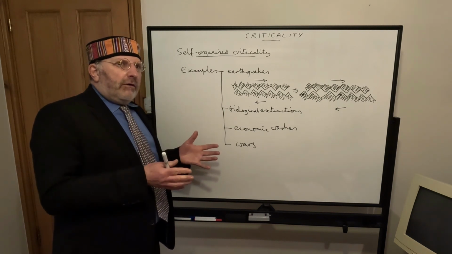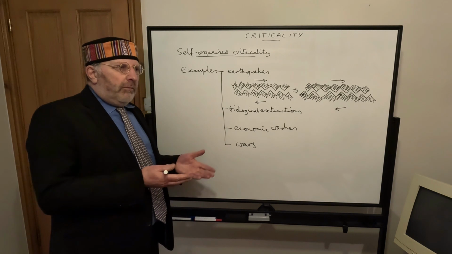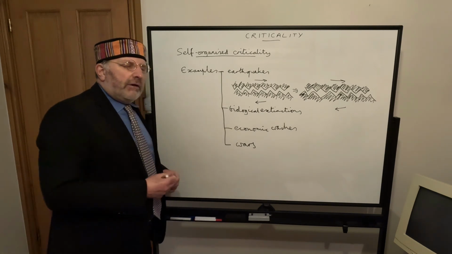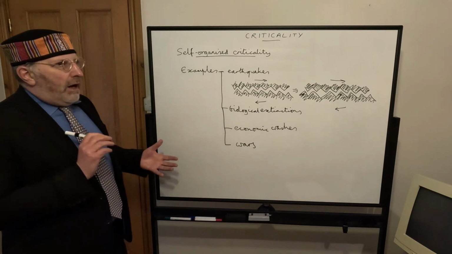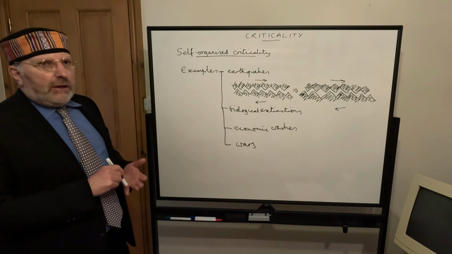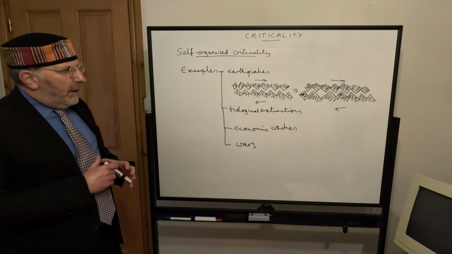The big event like the dinosaur extinction could be caused by the same kinds of small events that cause less extreme extinctions if self-organized criticality applies. So the lesson is that big events do not have to have big causes if self-organized criticality is at work.